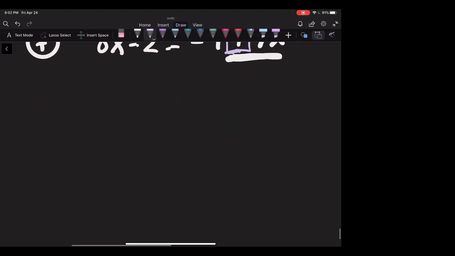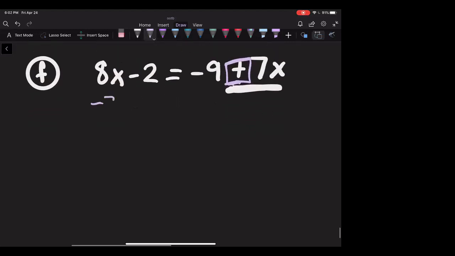So minus 7x. What's 8 minus 7? 1. So we have 1x minus 2 is equal to negative 9. Now we can use BEDMAS.